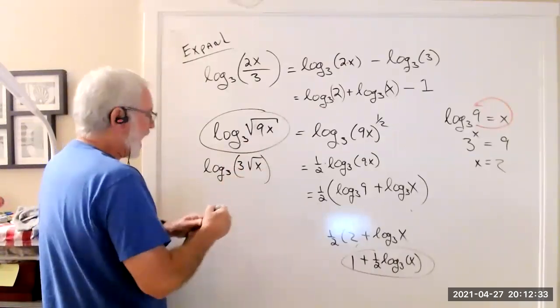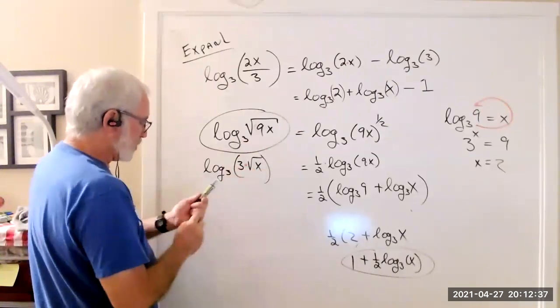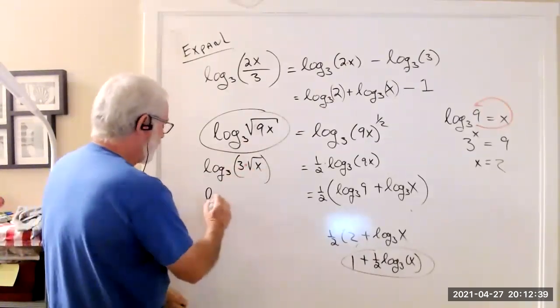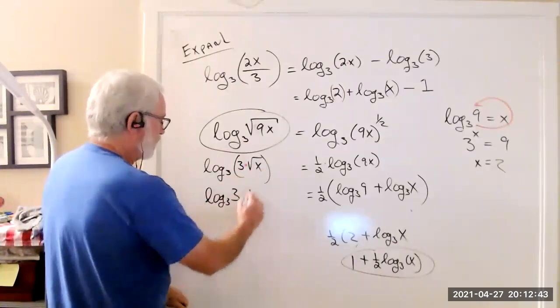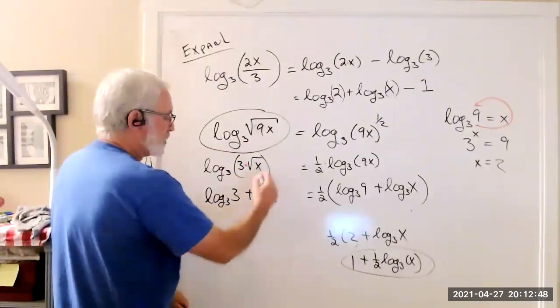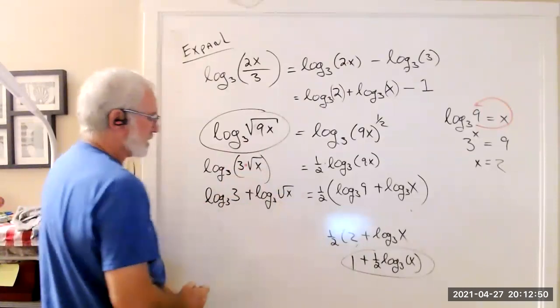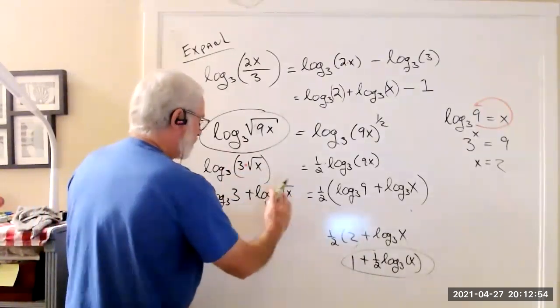So that is multiplying, so this becomes log base 3 of 3 plus the log base 3 of the square root of x, because I don't want to skip too many steps.